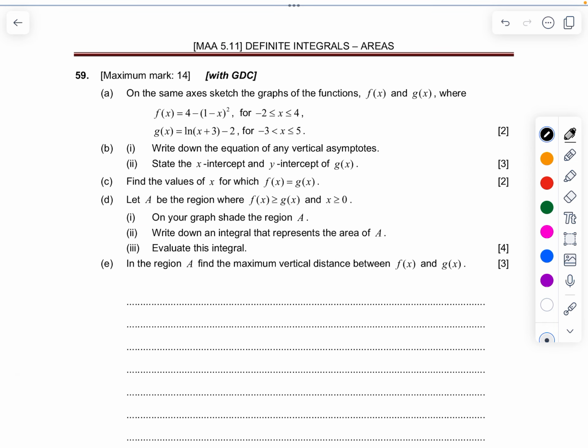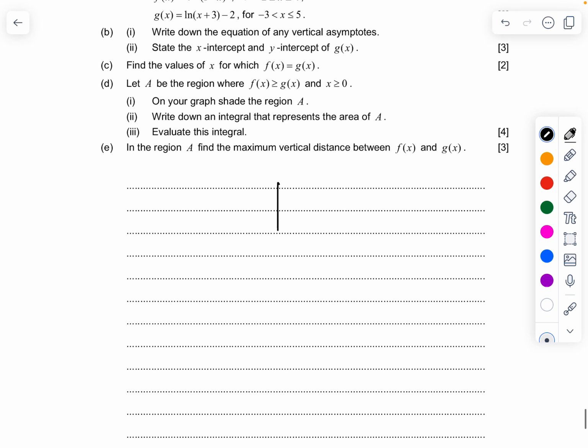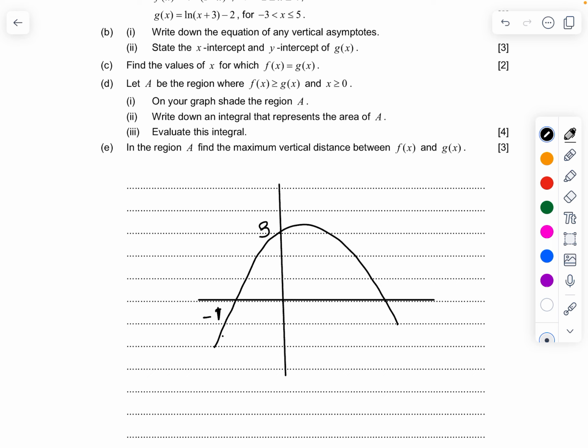Question number 59. On the same axis, sketch the graphs where f of x is given, g of x is given. Approximately I am drawing the graph over there. It should look this way. This is negative 1, this is 3 and this is positive 3.